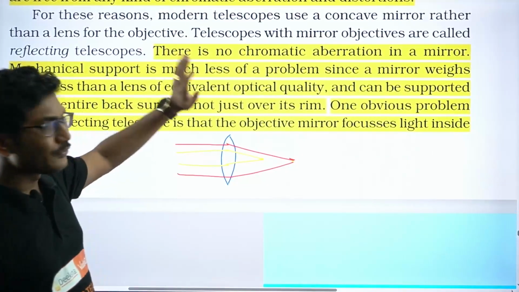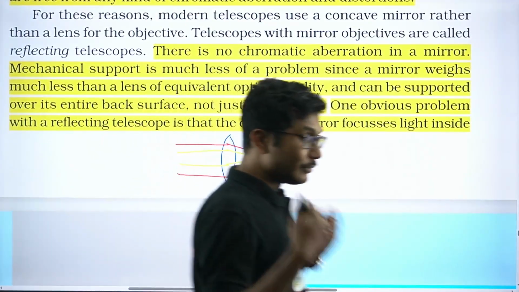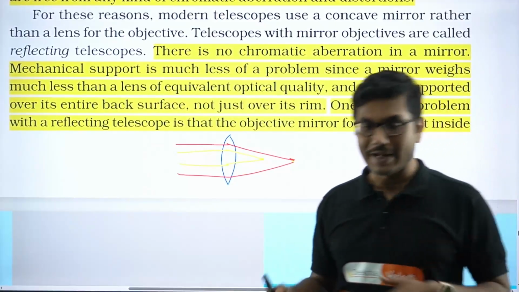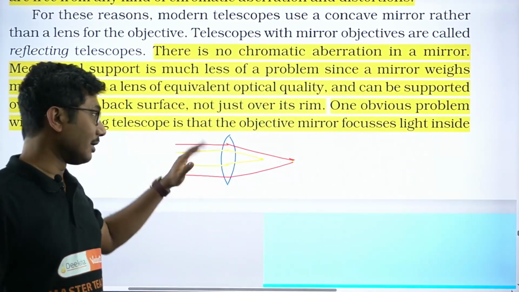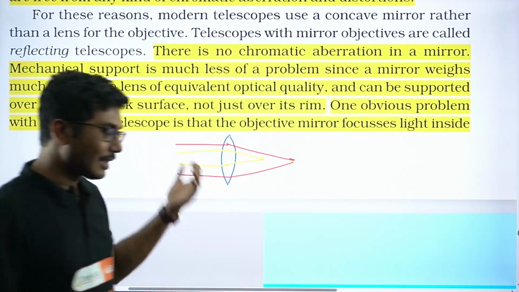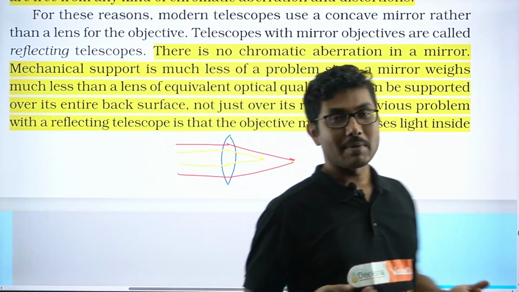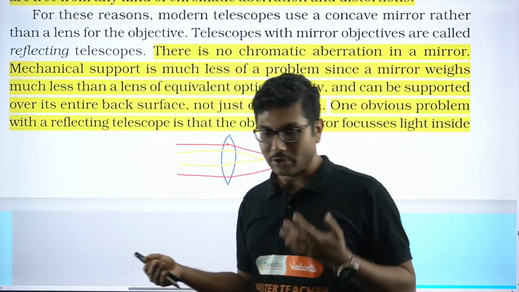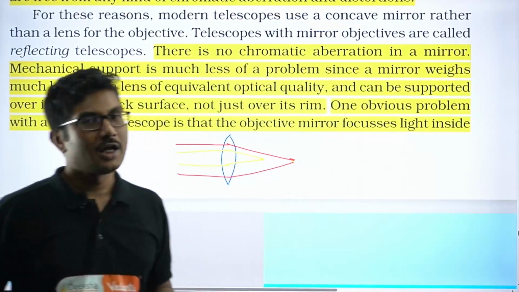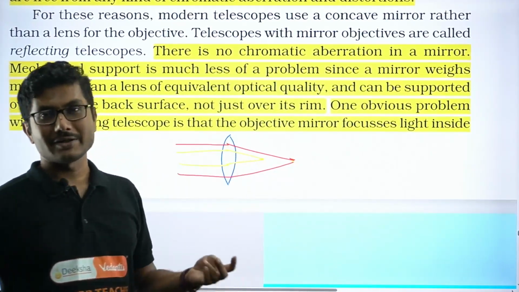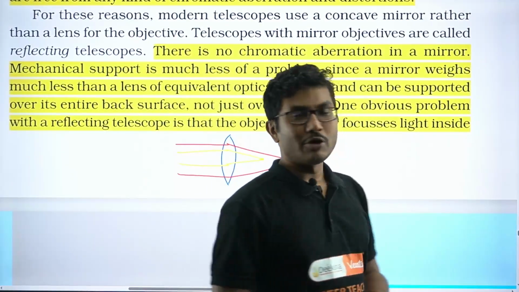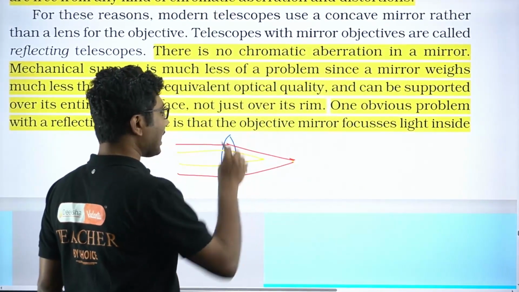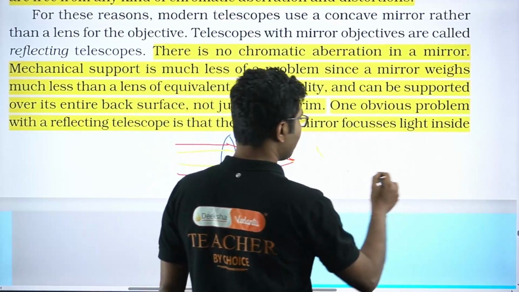Whereas if you use spherical mirrors, due to reflection, all the colors reflect by the same amount. Reflection does not change the angle, so all the light reflects by the same amount, irrespective of color, because the medium is not being changed, right? This is one of the biggest advantages of spherical mirrors. Similarly, spherical mirrors do not require only the rim part; they can be supported from the bottom.